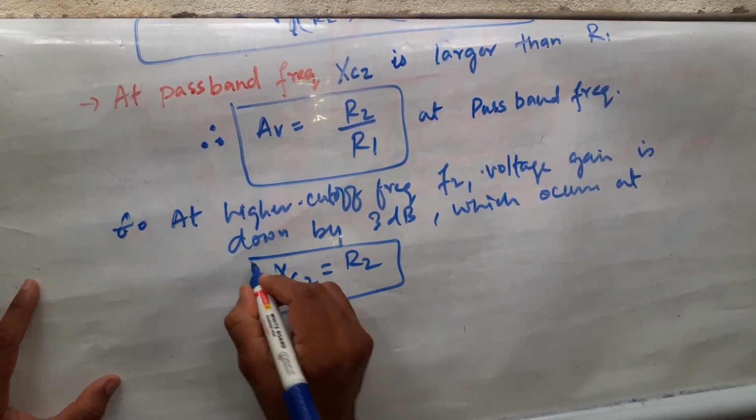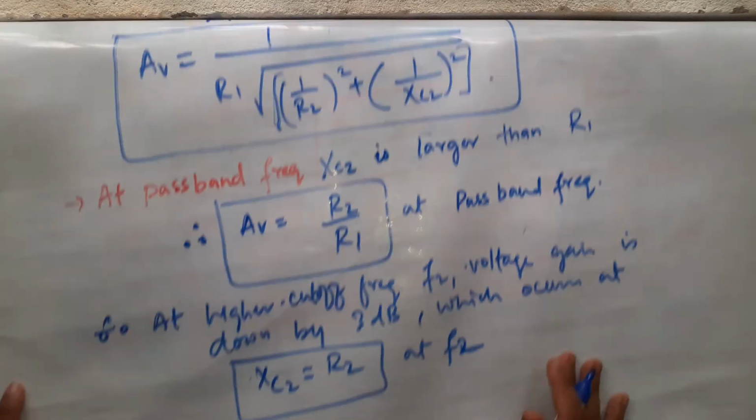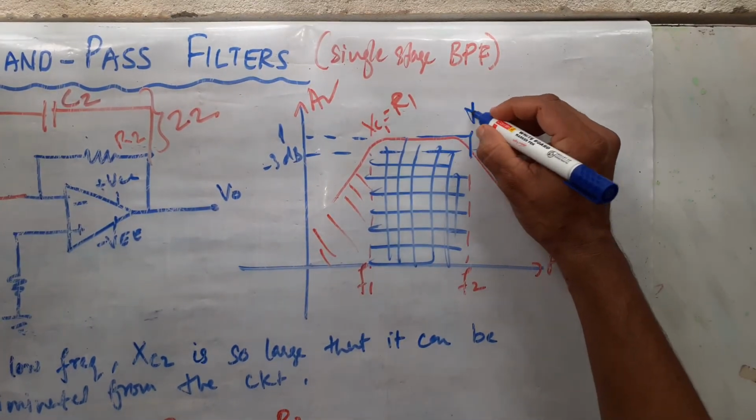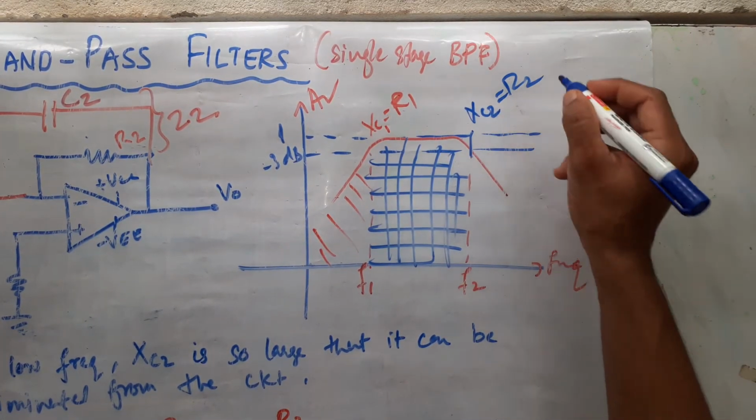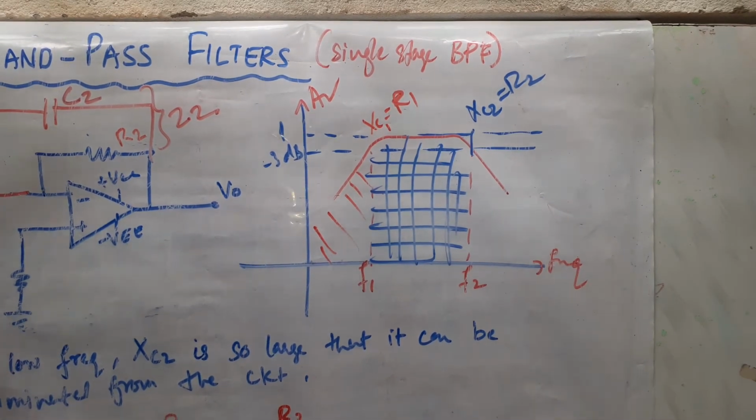When XC2 is equal to R2, this occurs at F2. Where is this on the frequency response? Yes, here. At this point, XC2 is equal to R2. This occurs at F2.